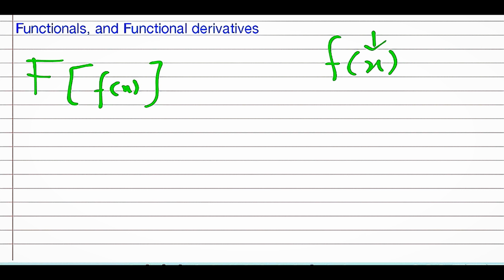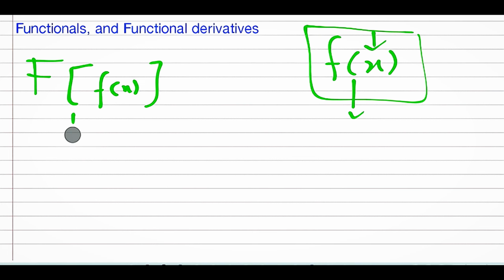In the case of functions, we use round brackets to show the argument. To make a distinction from functions, in functionals we use square brackets to show the argument of the functional. So a functional takes a function as its argument, and in loose words, we can say that a functional is a function of a function.